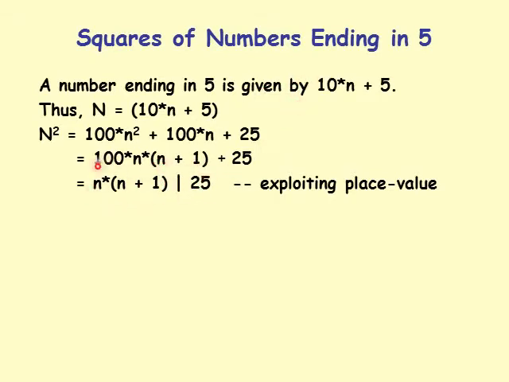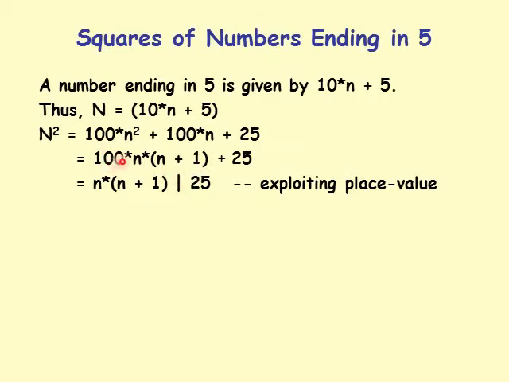In fact, on the left it's 100 times n times n plus 1, plus 25. That's the answer, and this is the correct answer here. 100 times n times n plus 1 plus 25, and 25 has 2 digits.